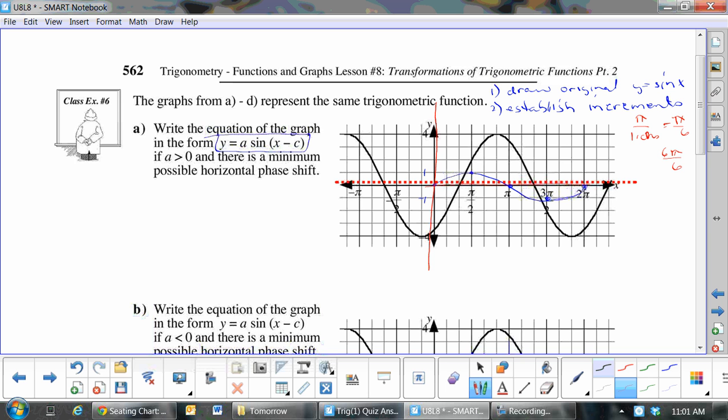I thought I understood this. Where did the 3 come from? Okay? It moved 1, 2 pi over 6s to the right. Does that make sense? If you look at the midline from the y-axis. But we still are going to do it in SRT. Okay? So the first thing, I could tell that thing was stretched by a factor of 4. Okay? So that is a vertical stretch by a factor of 4.